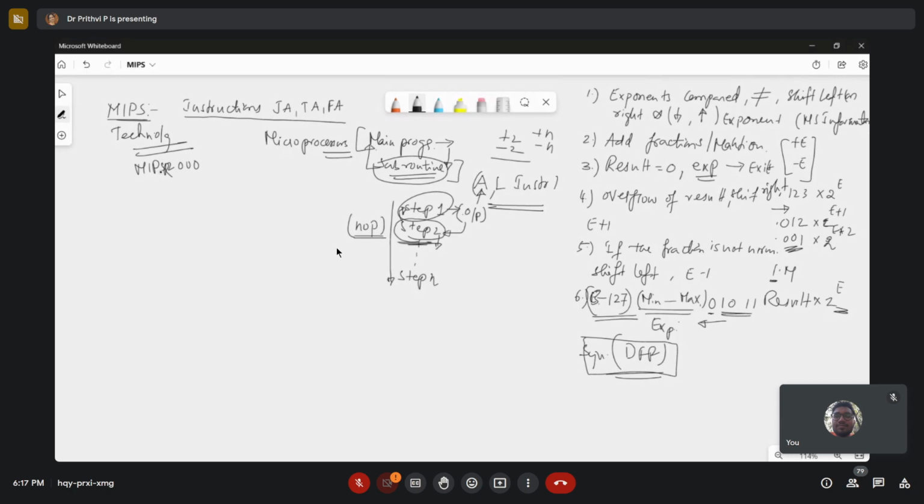This is a subset of the MIPS processor, and that subset we name ISA. What is this ISA? Instruction set architecture.